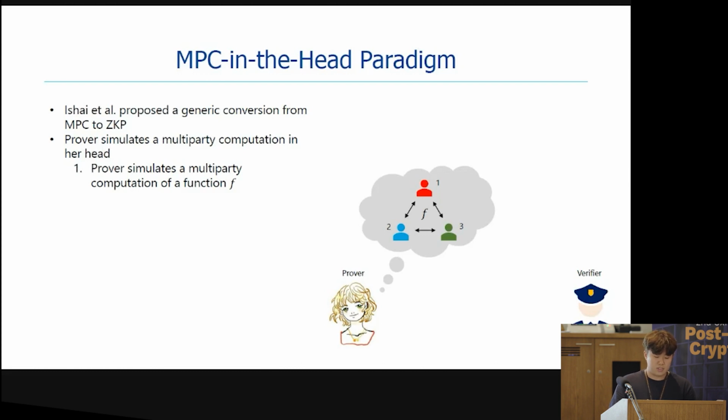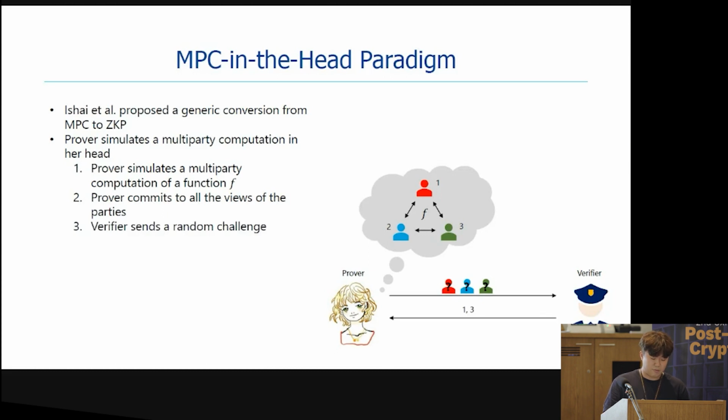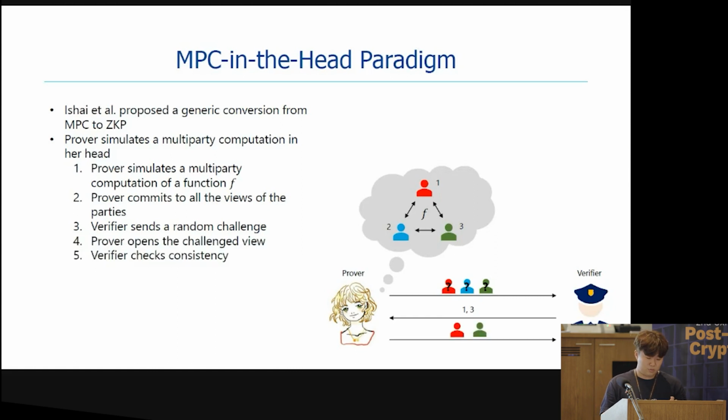First, the prover simulates a multi-party computation of a function f, and the prover commits to all the views of the parties, and the verifier sends a random challenge. It becomes non-interactive when Fiat-Shamir is applied. And lastly, the prover opens the challenged view and the verifier checks consistency.